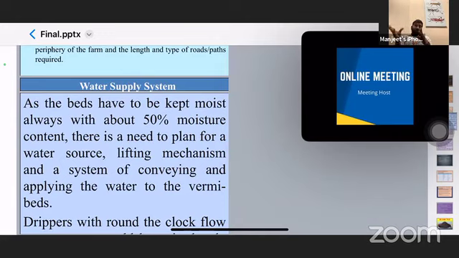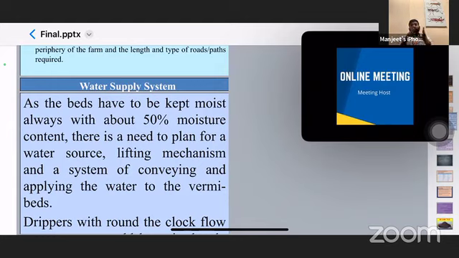Drippers as well as manual spraying of water on the beds are needed. Continuous supply of water is very much needed.